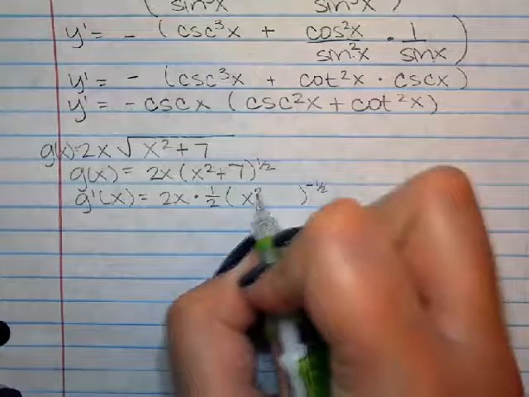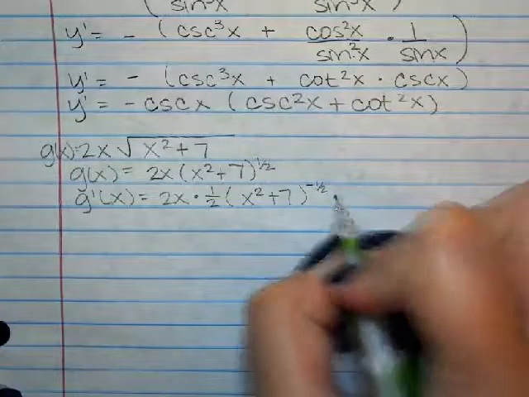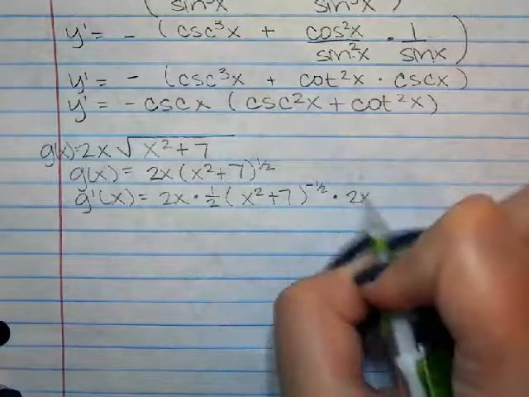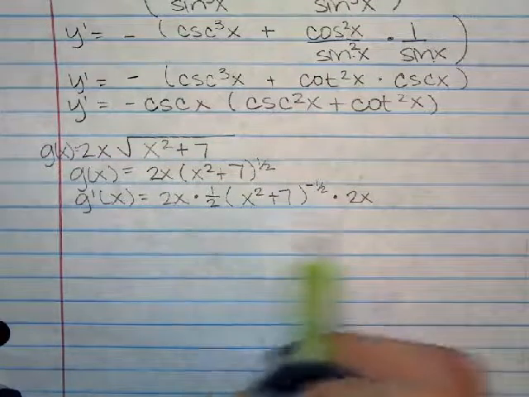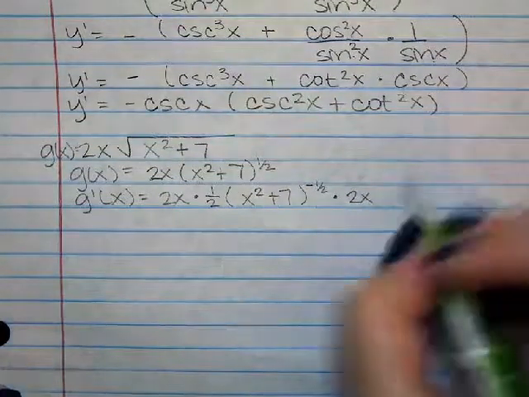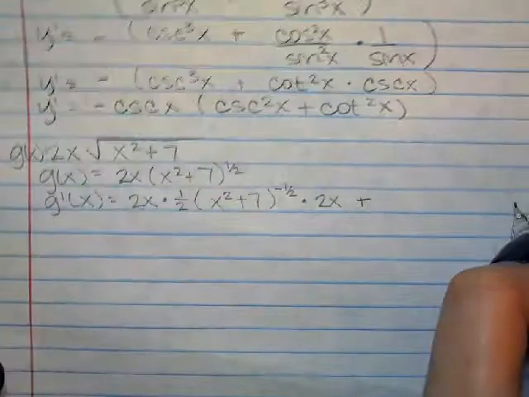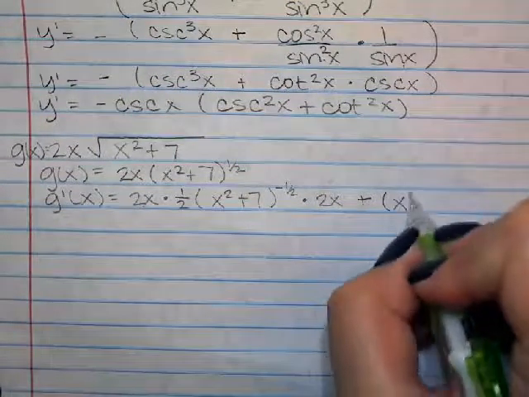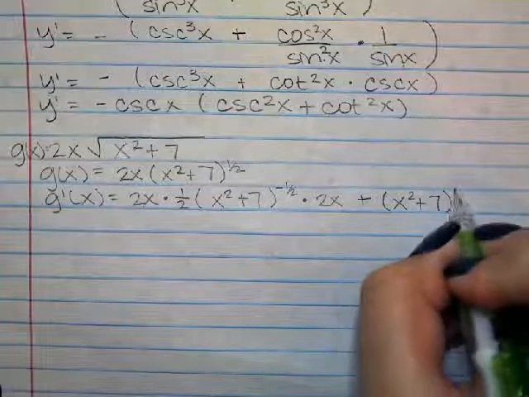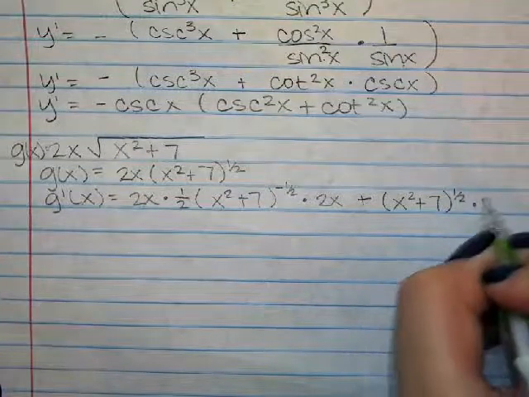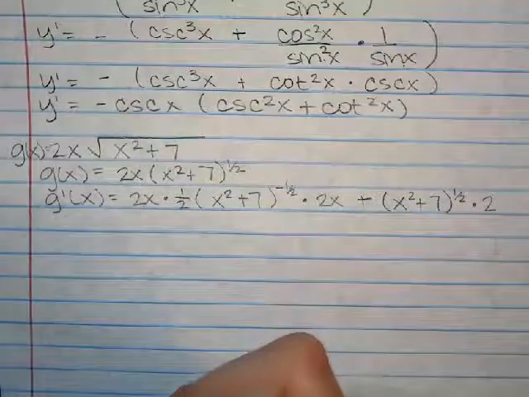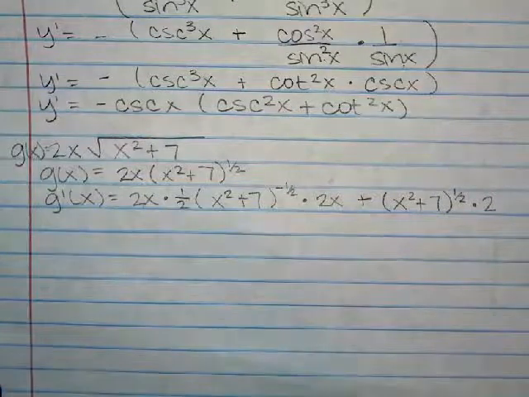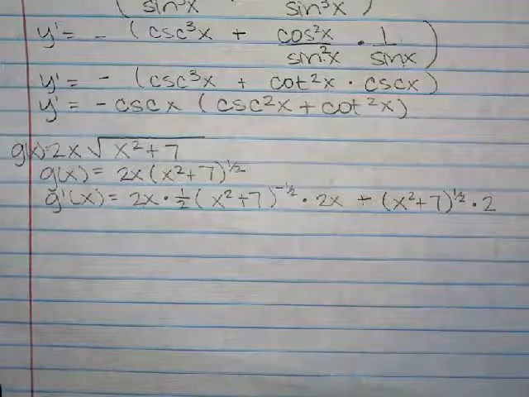Okay, so we did first times the derivative of the second, plus second times the derivative of the first, which is 2. So the calculus of the problem is done. Now it's a cleanup. So 2 times 1/2, I'll just get rid of that.